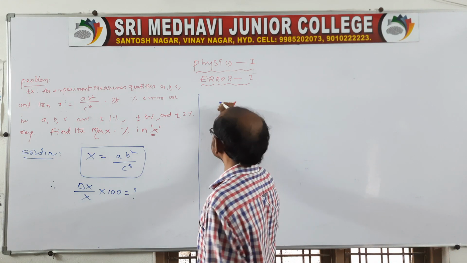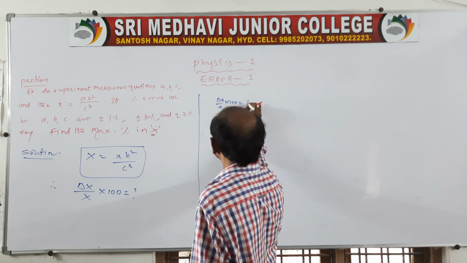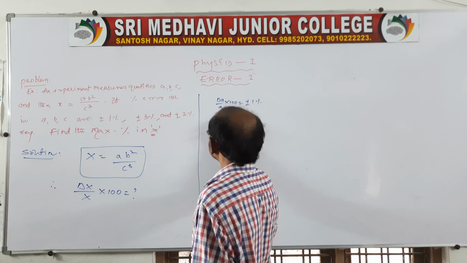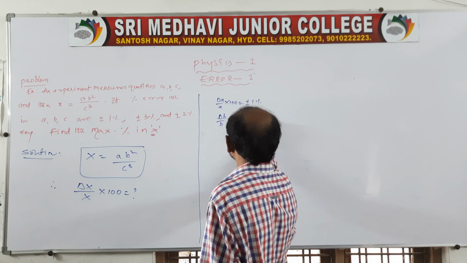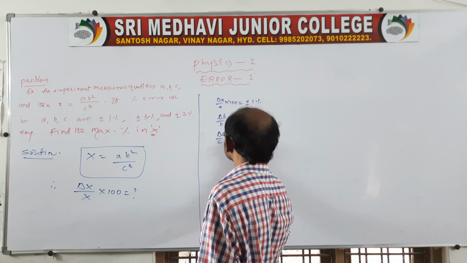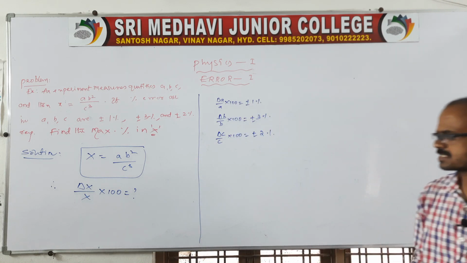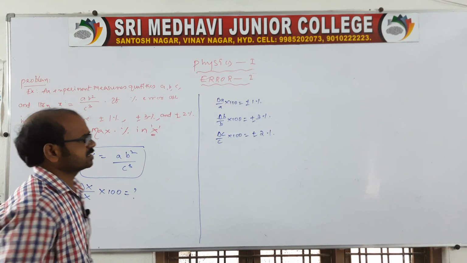So the given data is delta a by a into 100 is equal to plus or minus 1%, delta b by b into 100 is equal to plus or minus 3%, and delta c by c into 100 is equal to plus or minus 2%, but it is asking delta x by x into 100.